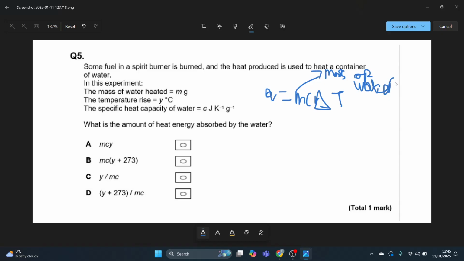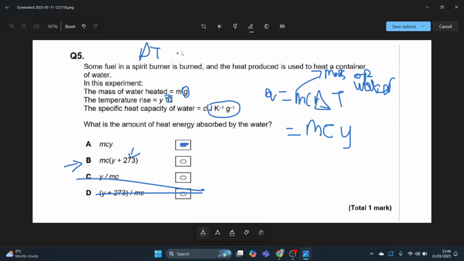So it's just going to be m, and we're not going to include the units. mc, specific heat capacity, C delta T. And obviously, I feel like some students would pick B because 2 plus 273, yes, we need to convert to Kelvin, but remember, for temperature rise, we don't convert it to Kelvin.